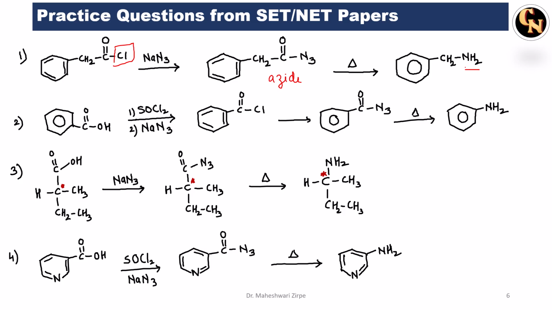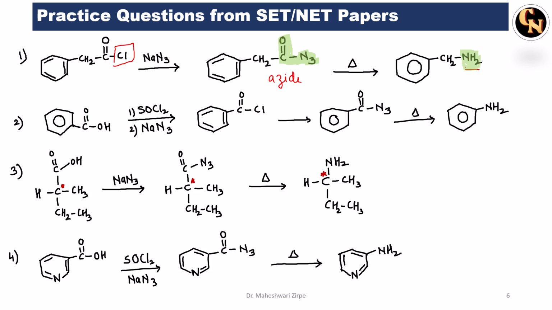So let me highlight this: C double bond O, N3, we can directly convert it into an NH2 group, an amine.